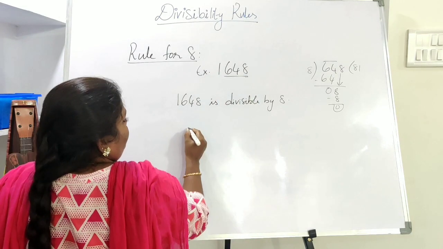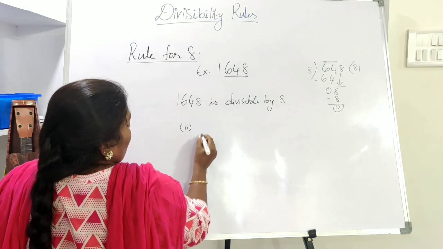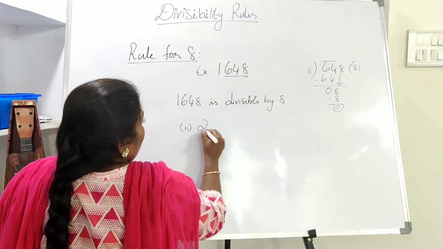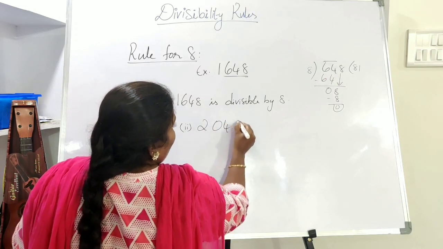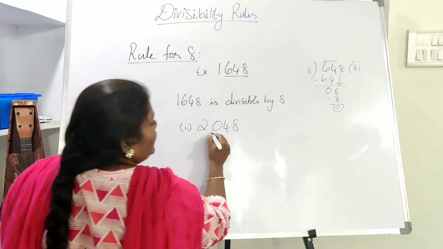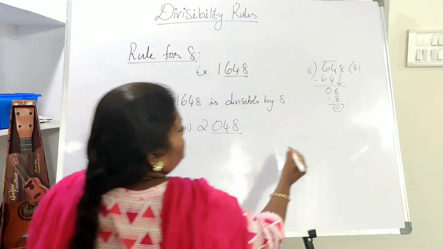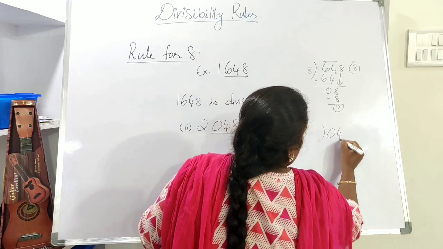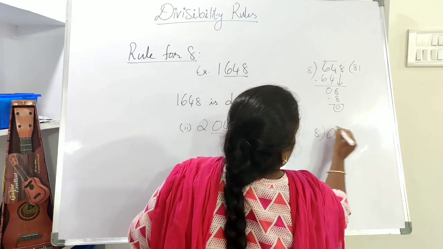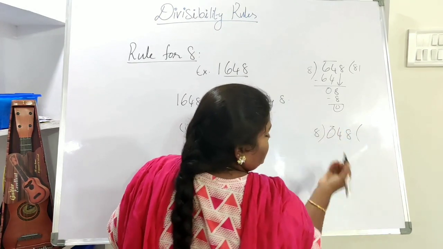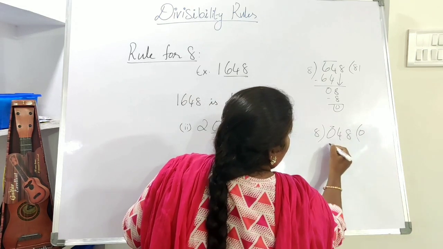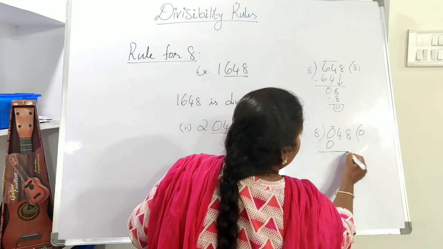So let me give another example. 2048. Now here check the last 3 digits. Take them and divide by 8. Now 048, divide by 8. So the first digit is 0, so you can take 0. 0 eights are 0. Yes.